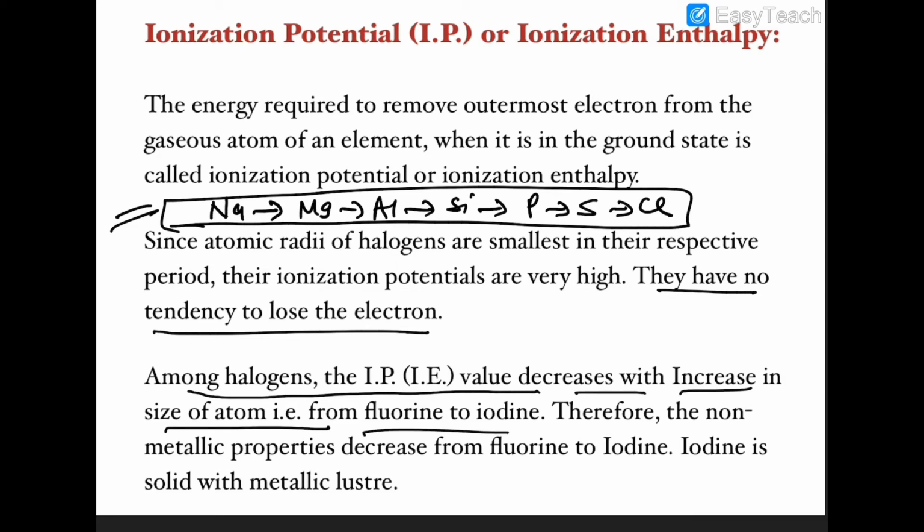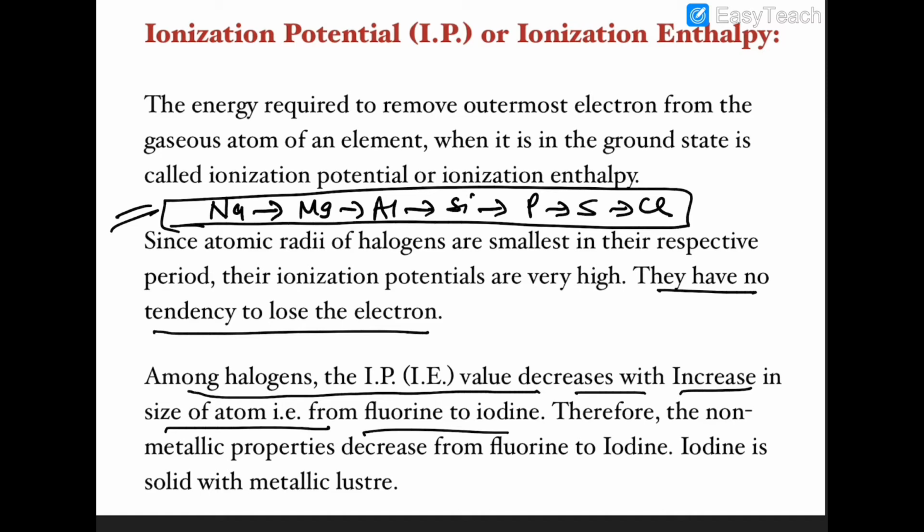So if you move down the group, the ionization potential decreases due to the increase in the atomic size and decrease in the effective nuclear charge. This is very, very important to you.